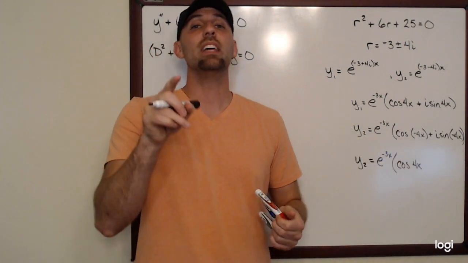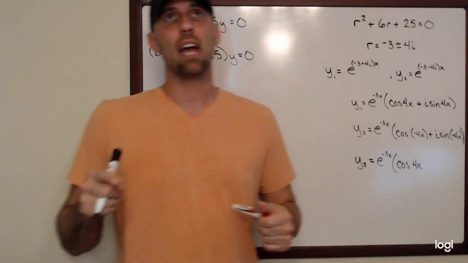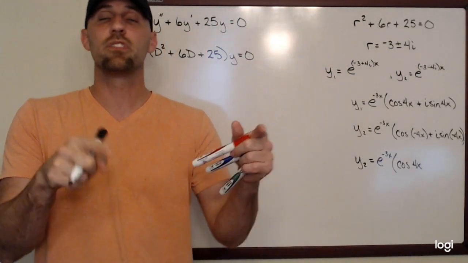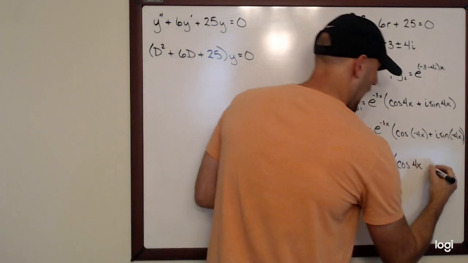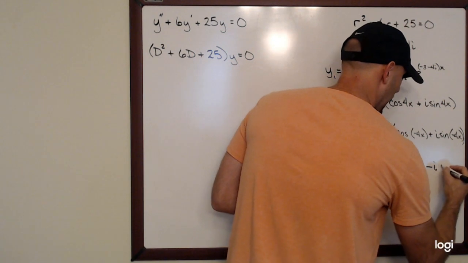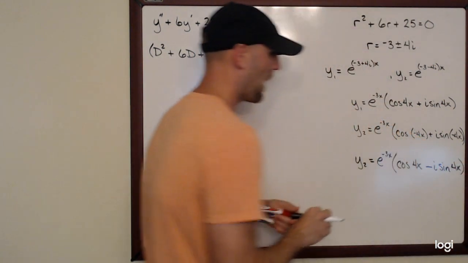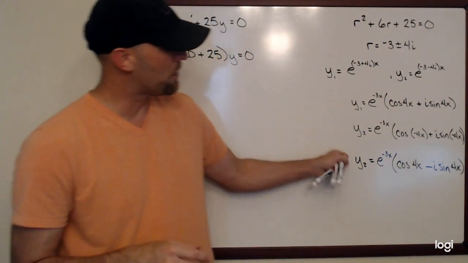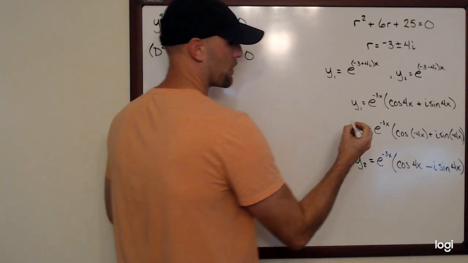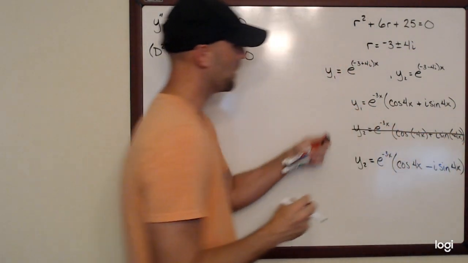But sine is an odd function, right? So sine of -x would be equal to negative sine of x. And so I can rewrite this as minus i sine of 4x. Okay? All right, so I'm going to take these two values here, and I'm going to put a line through this one because we don't want to use that version again. Okay, we want to use these two versions.